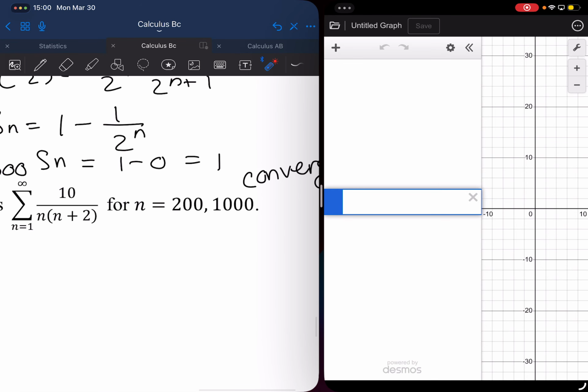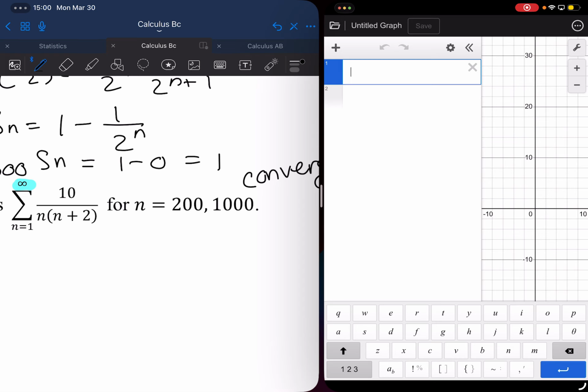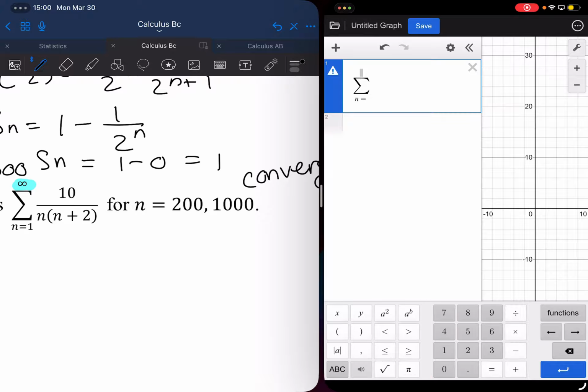And notice how it wants us to find s sub n for n equals 200 and n equals 1,000. So we're going to plug in those values separately. So instead of putting the infinity at the top, we're going to put in 200 or 1,000. Okay, so starting with this, you can type in SUM for the summation to pop up, or you can find it under functions. N is 1, and we first want to find when n is 200, so I'm going to say it goes up to 200.